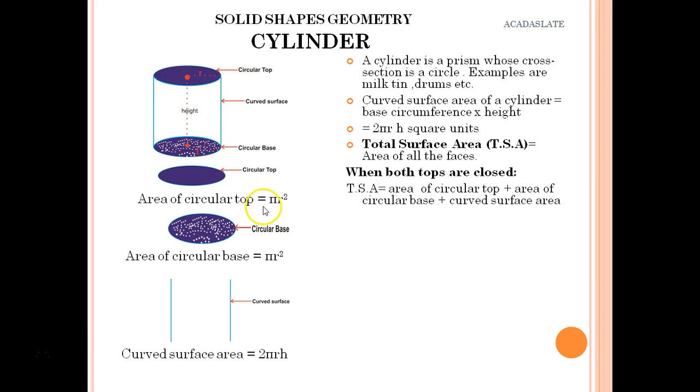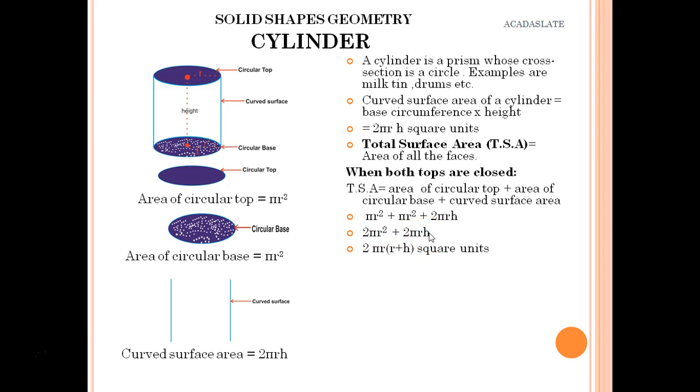Since the circular top is a circle, we are talking about the area of a circle, which is pi r squared. So the total surface area of a closed cylinder is equal to pi r squared, which is the area of the circular top, plus pi r squared, which is the area of the circular base, plus the curved surface area, which we described above. So pi r squared plus pi r squared gives us 2 pi r squared plus 2 pi r h.